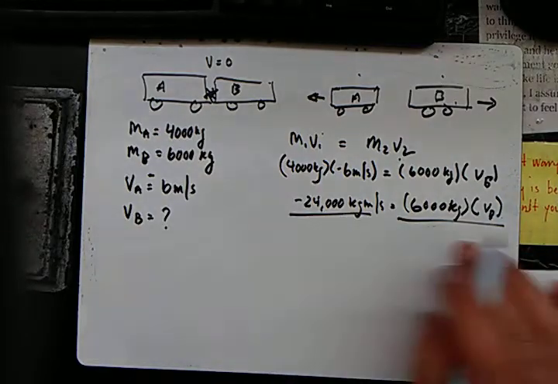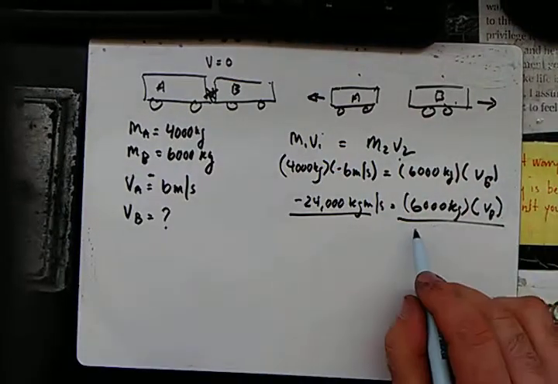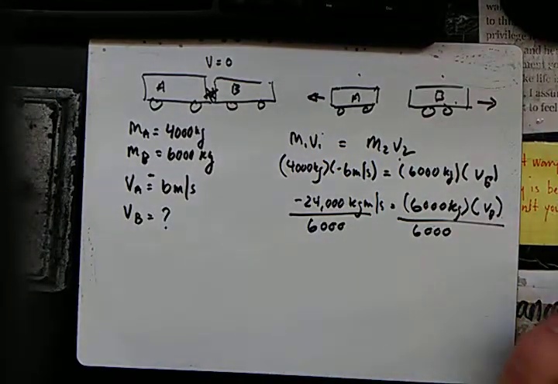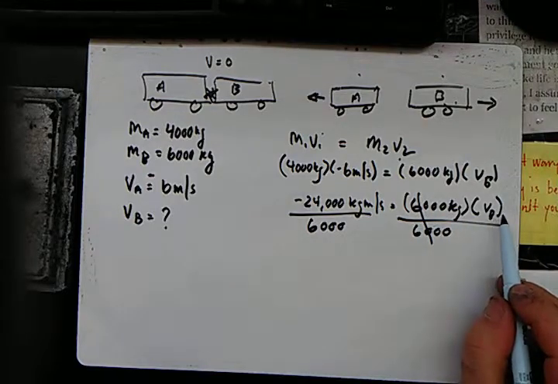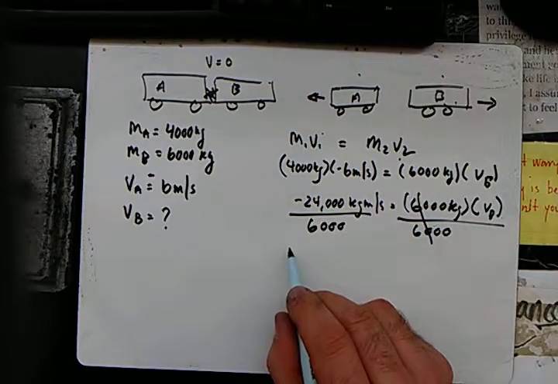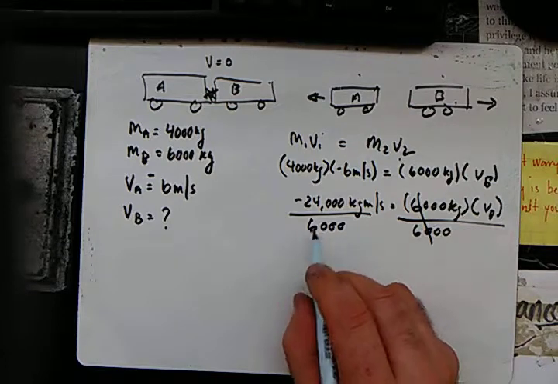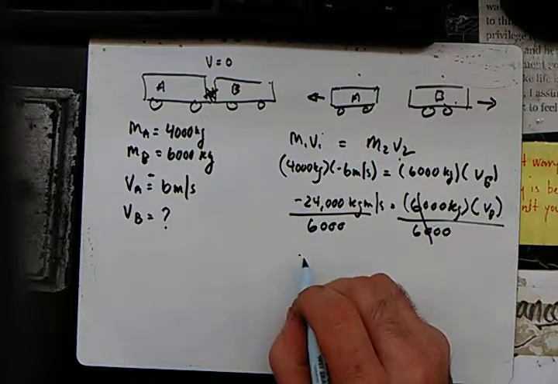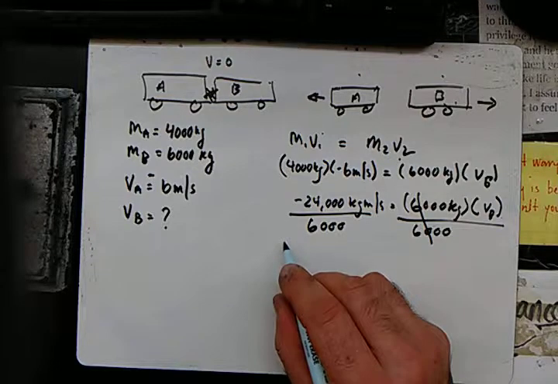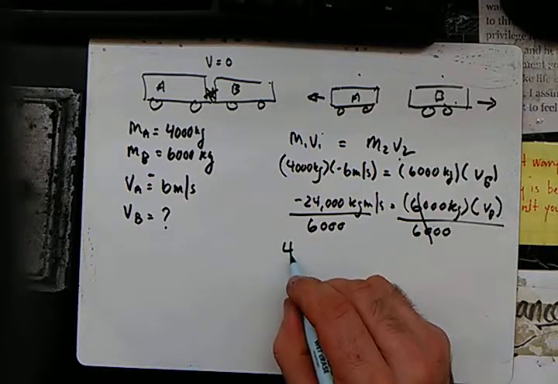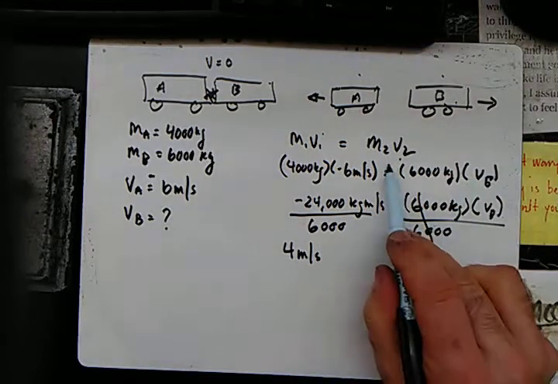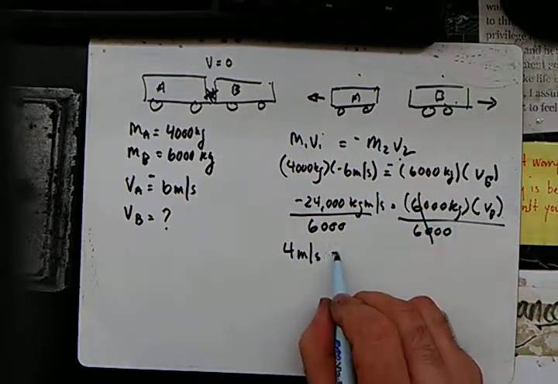We've done this so we can do this math very easily. Divide by 6,000 and get rid of that. You get the velocity on this side. 24,000 divided by 6,000 is 4 meters per second.